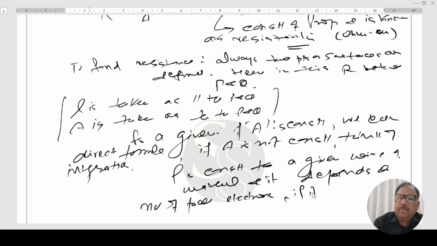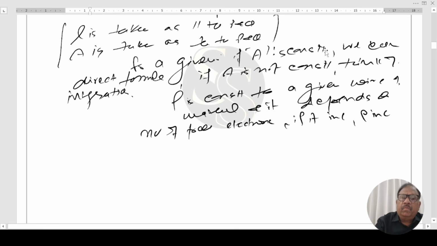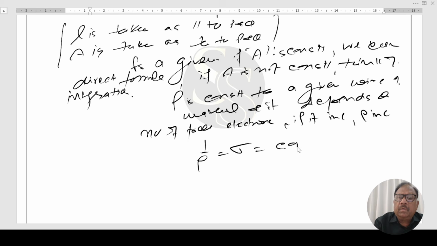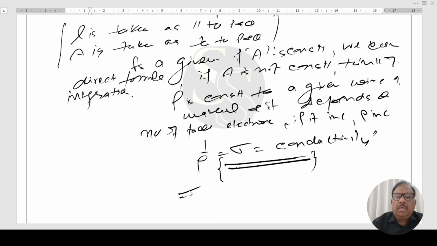If it increases, rho increases, right? 1 over rho is conductivity. This is regarding the resistance of a wire at a given temperature, right?